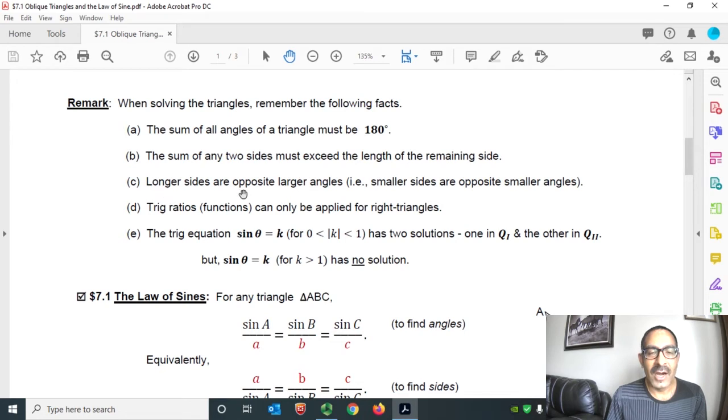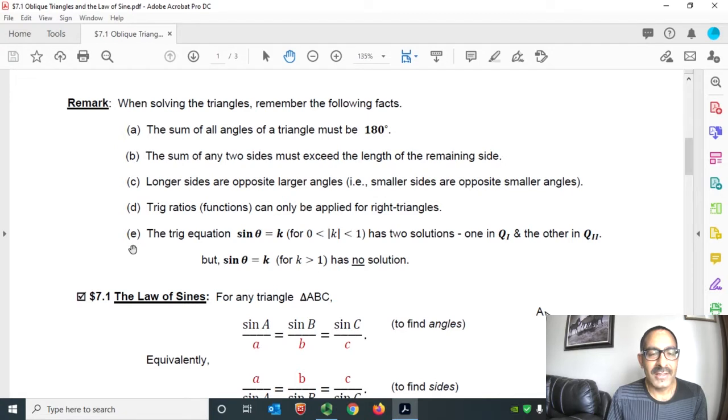Longer sides are opposite larger angles. Equivalently, smaller sides are opposite to smaller angles. Trigonometric functions can only be applied for right triangles. So, to solve non-right triangles, we use either the sine laws or the cosine laws.